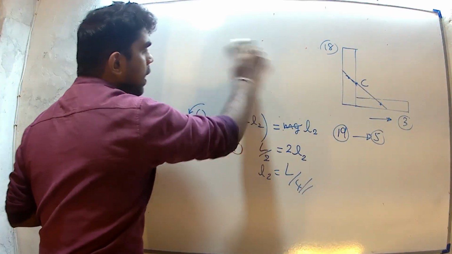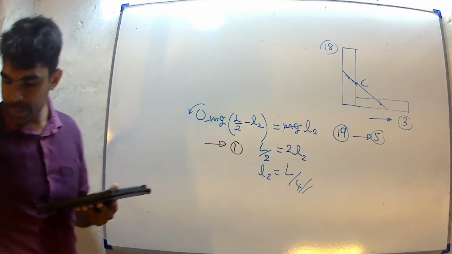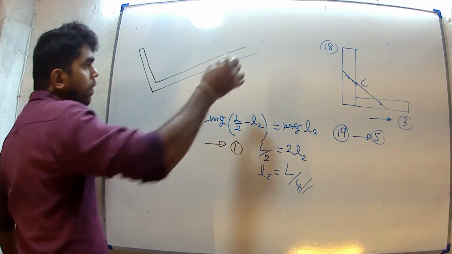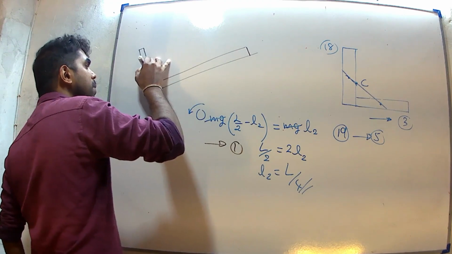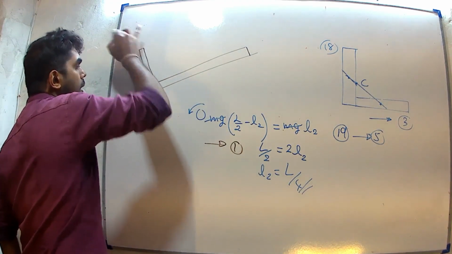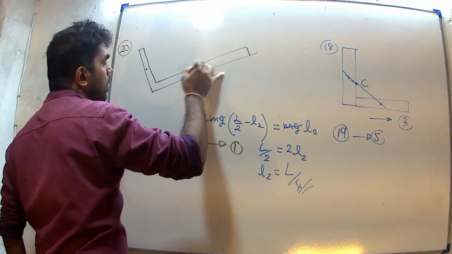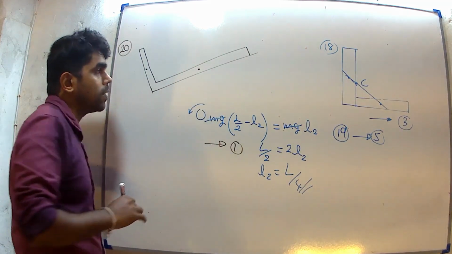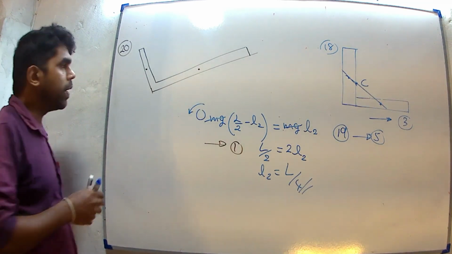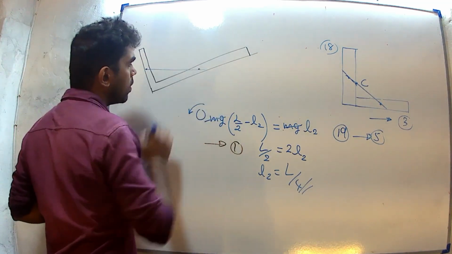Again, we can consider two parts of the given object. The center of gravity of this part should be the midpoint of this part. And the center of gravity of this other part should be the midpoint of this part. Therefore, the center of gravity should be on this straight line.